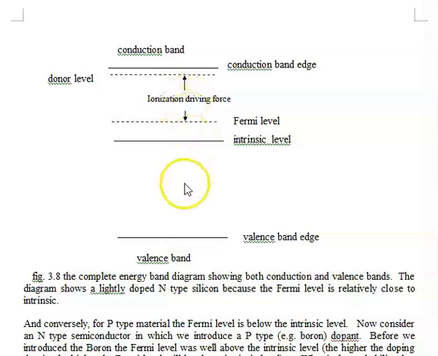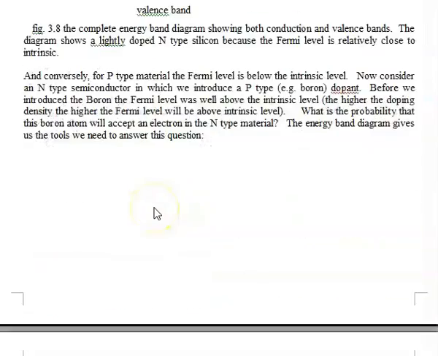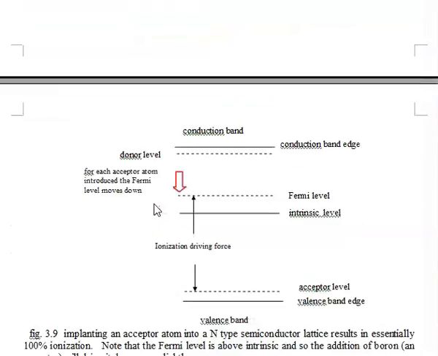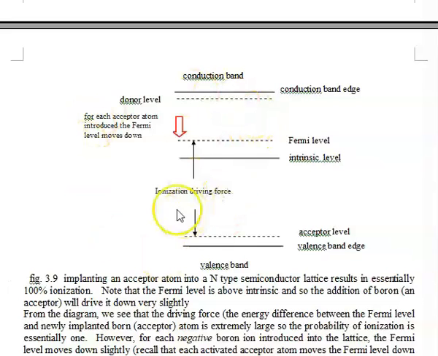So if the phosphorus is going to be ionized, you better believe that the boron will certainly be ionized. So please read that in the text in chapter 3, and that is indicated here. The ionization driving force for an acceptor atom like boron is much bigger than the driving force for a donor atom like phosphorus.